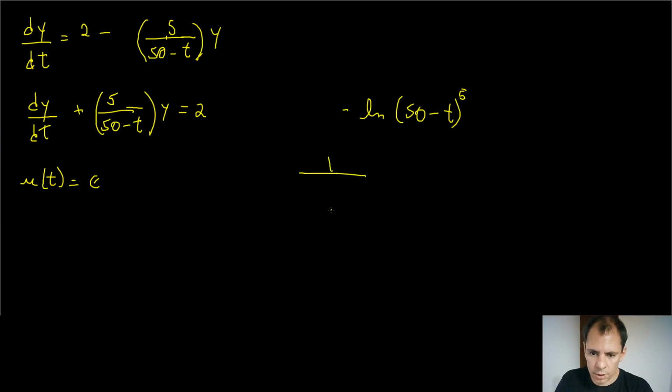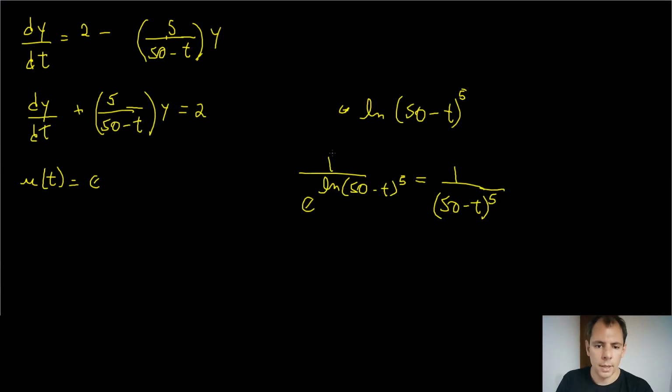That means that's 1 divided by e elevated to the positive of this, ln of (50 minus t) to the 5. Okay, now remember, ln, you got an e here. So if you have the bases are equal, the whole thing is going to be equal to this stuff. So it's 1 divided by (50 minus t) to the 5. Right? This is the u of t.